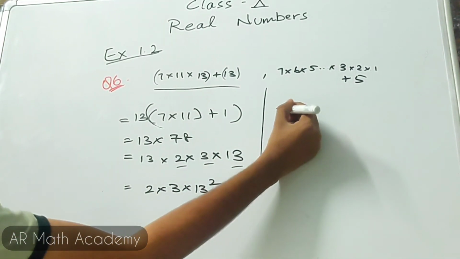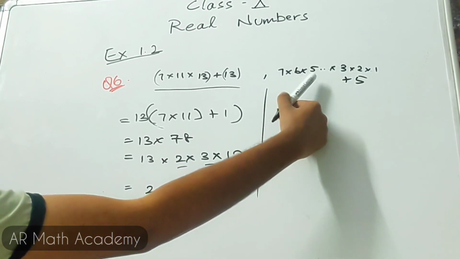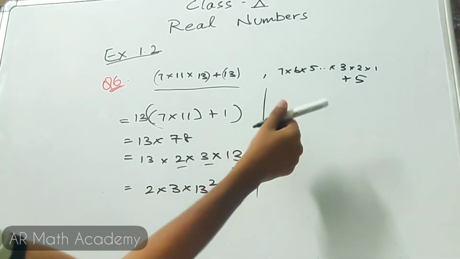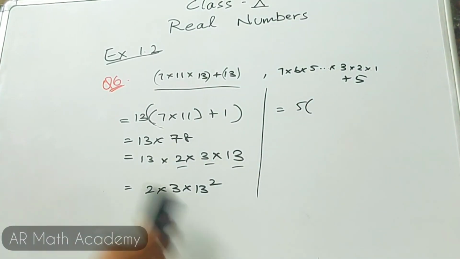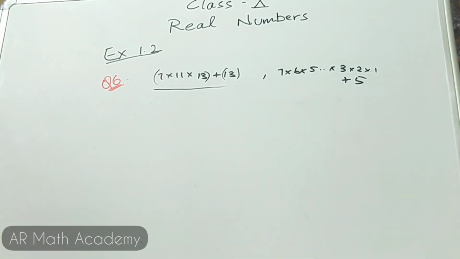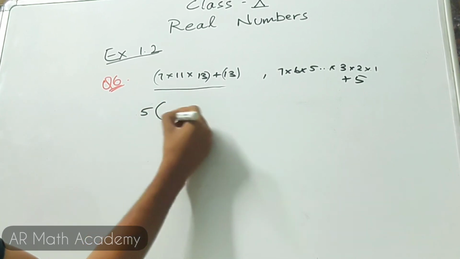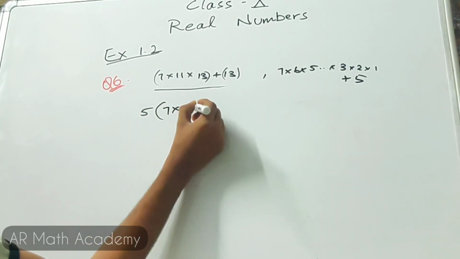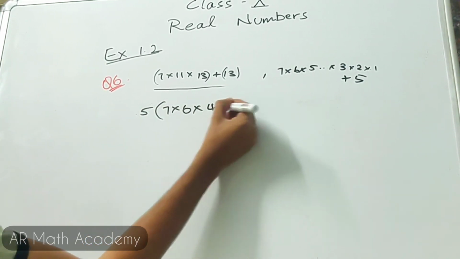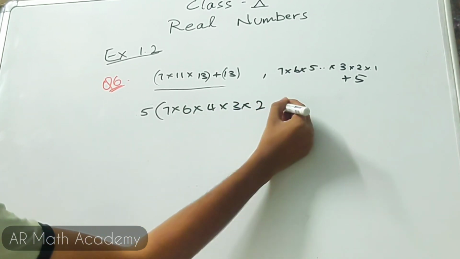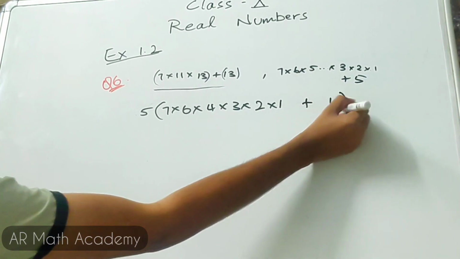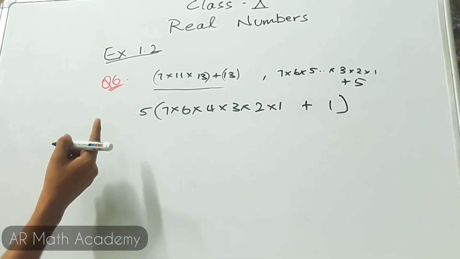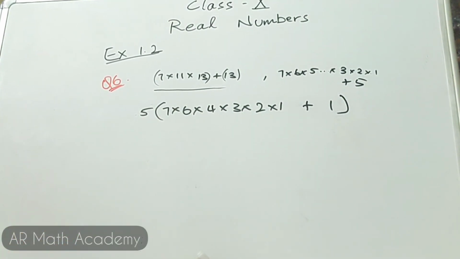Now for this case, 7 into 6 into 5 into 4 into 3 into 2 into 1 plus 5. So 5 is common in both these terms, so take 5 common. So 5 times 7 times 6 times 4 times 3 times 2 times 1 plus 1, since we have taken 5 common.